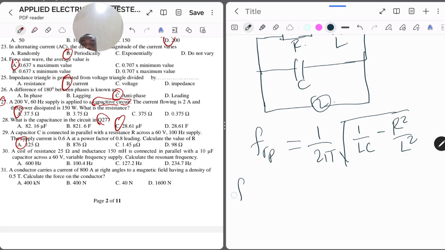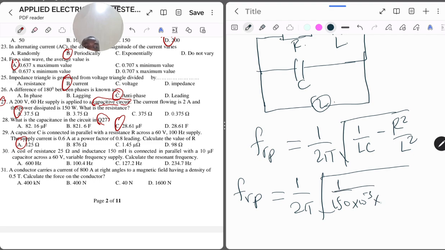So the resonant frequency is equal to 1 over 2 pi times the square root of 1 over L, the inductance 150 milli, times the capacitance, 10 micro, minus the inductor resistance 25 squared over the inductance, 150 times 10 to the power minus 3, squared.